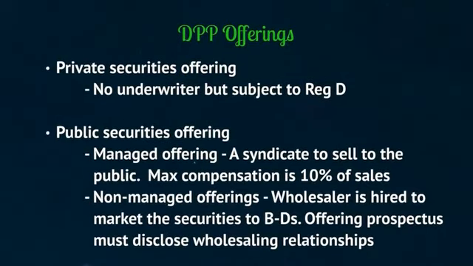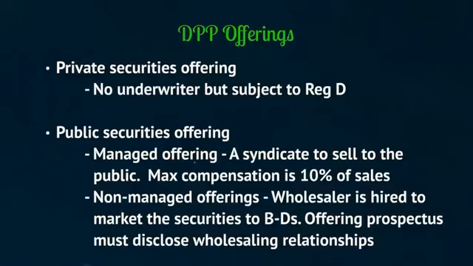There's different ways to offer direct participation programs. First, there's a private securities offering. So this is not through a broker-dealer or distribution, but is still subject to Regulation D. Then there's also a public securities offering in which we're bringing together a syndicate of broker-dealers to obtain qualified investors into our investment structure.